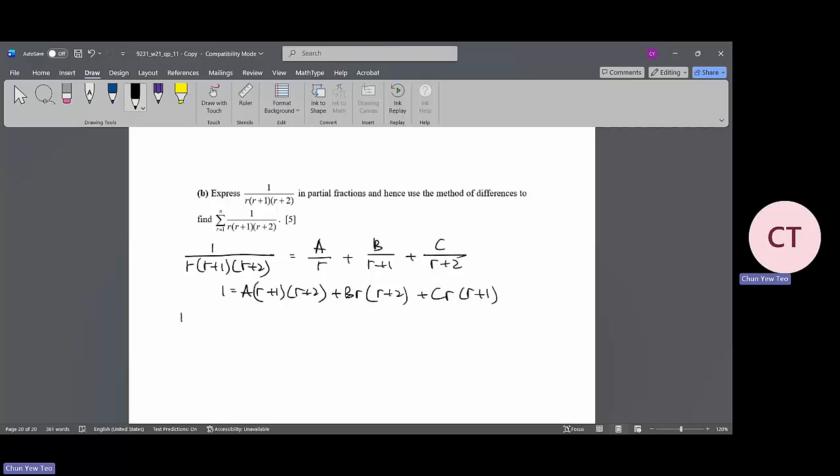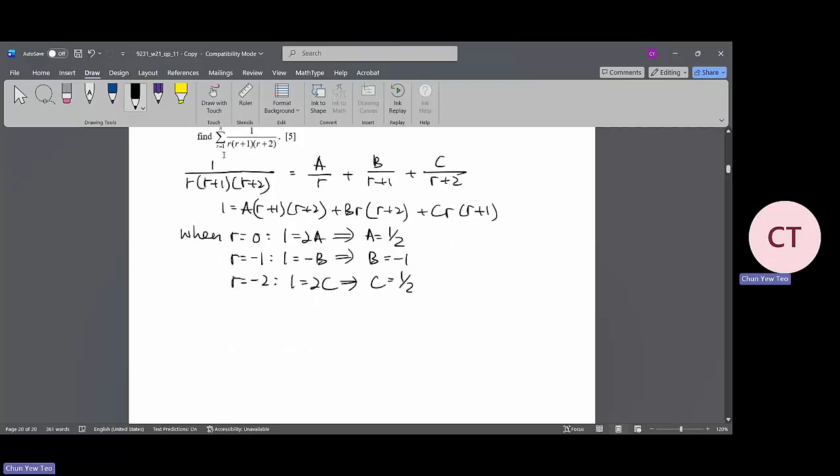Then use the substitution method. When r is equal to 0, you get 1 equals 2A, so A is a half. When r is negative 1, you get 1 equals negative B, so B is negative 1. And when r is negative 2, you get 1 equals 2C, so C is a half.